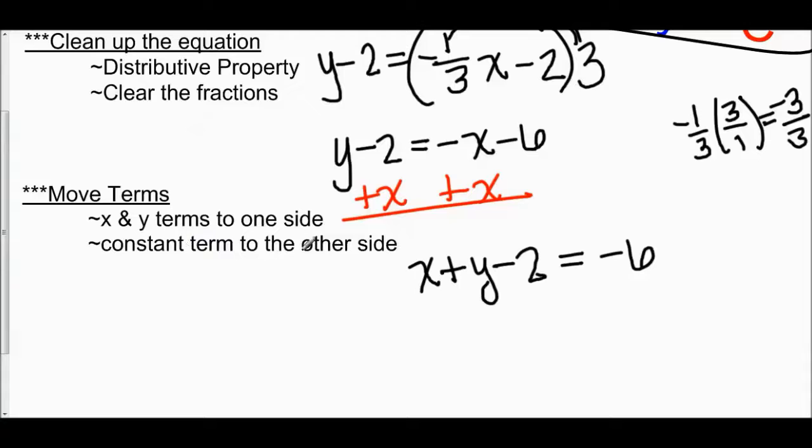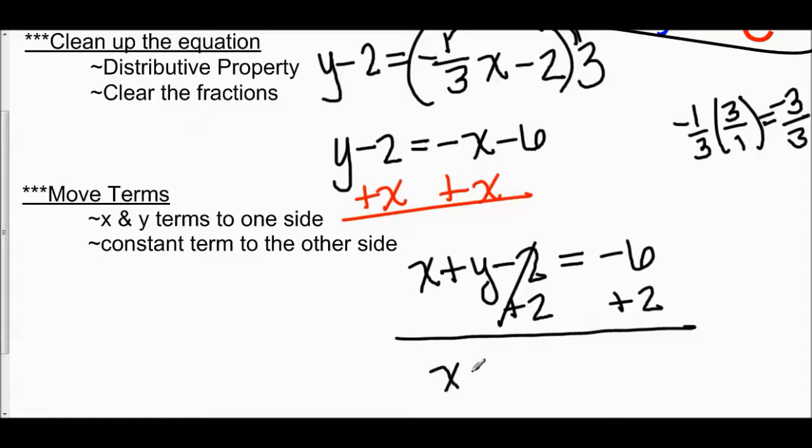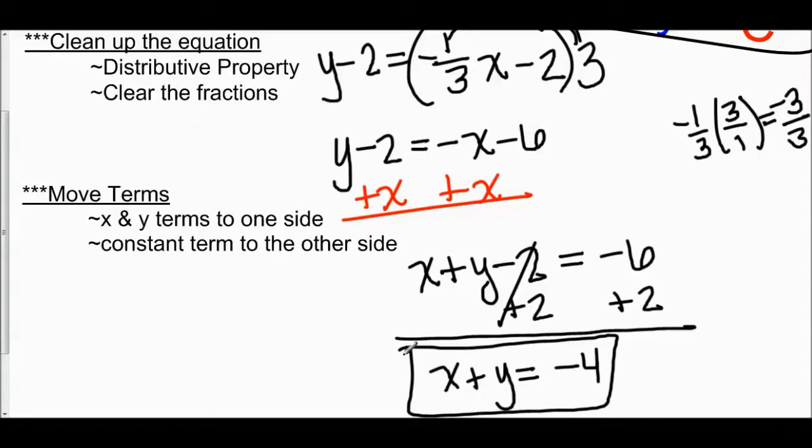I need that constant term on the other side, so I'm going to undo subtracting 2 by adding 2 to both sides. Cancels there. x plus y equals negative 4. And that, my friends, is in standard form.